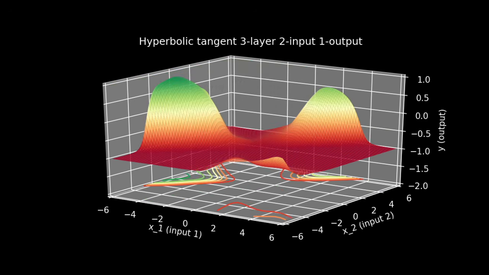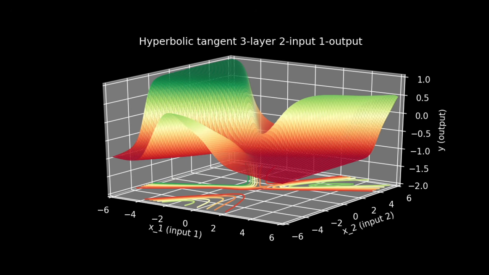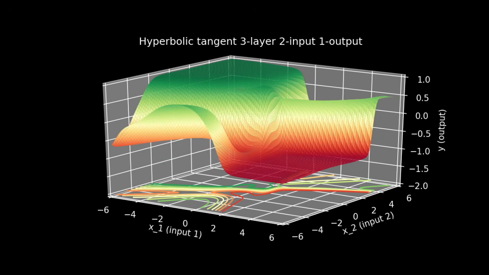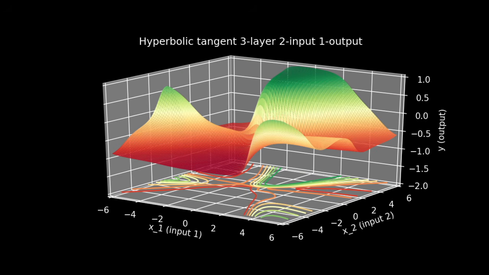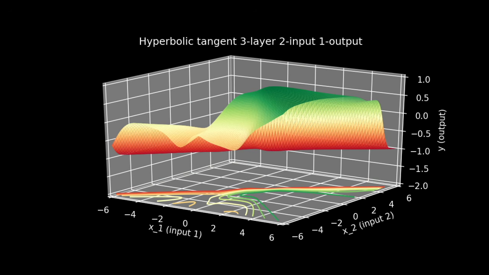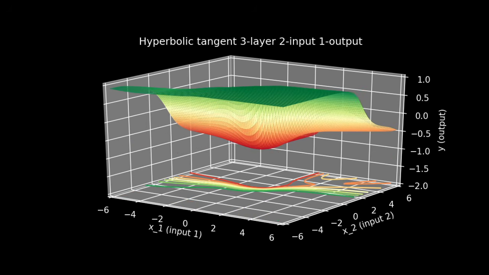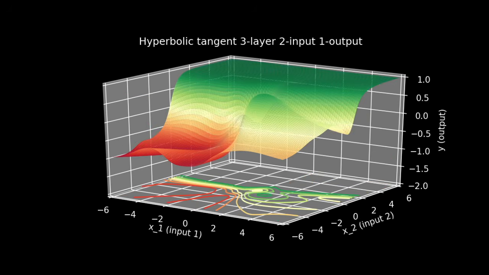In the case of a multilayer perceptron, these plots are all sliced at the y equals 0 level. That means if you look at the floor of the plot, everything in any shade of green will be one category, and everything in any shade of red will be the other category. The first thing that jumps out about these category boundaries is how diverse they are.